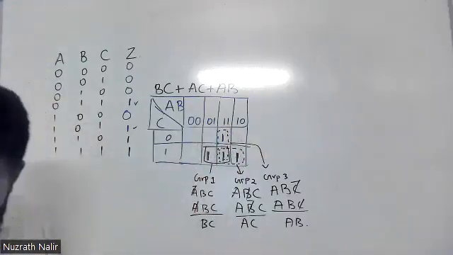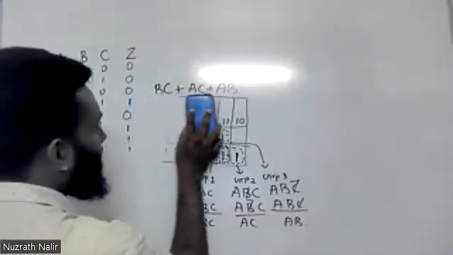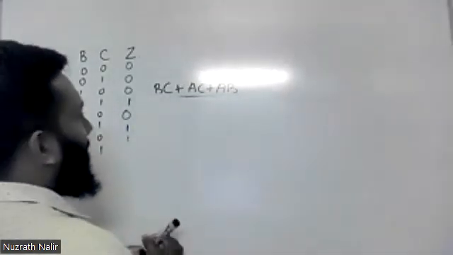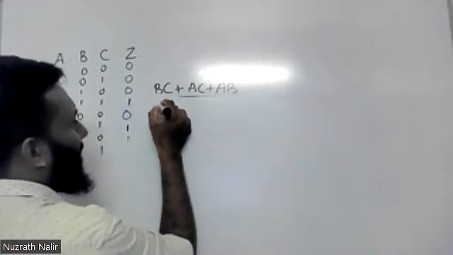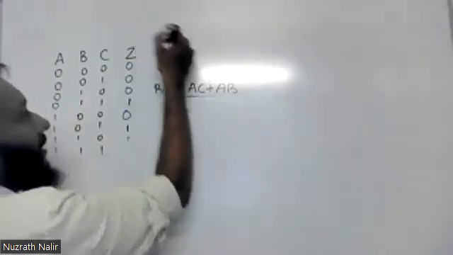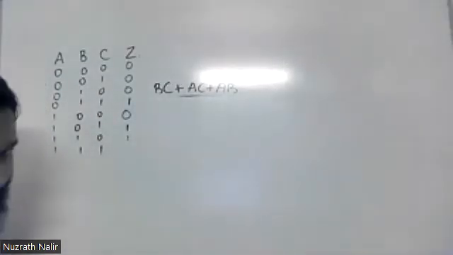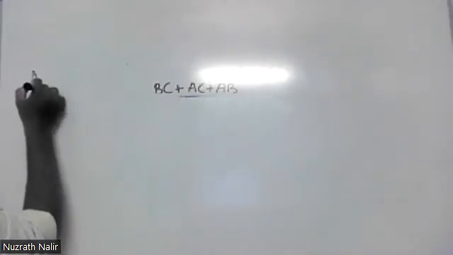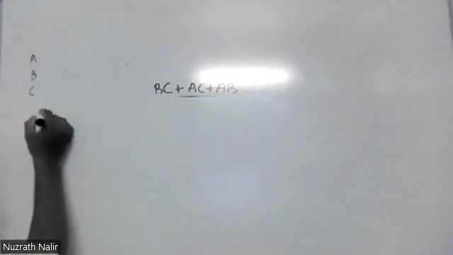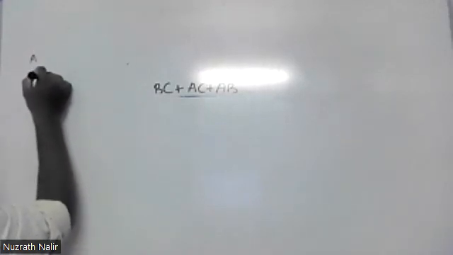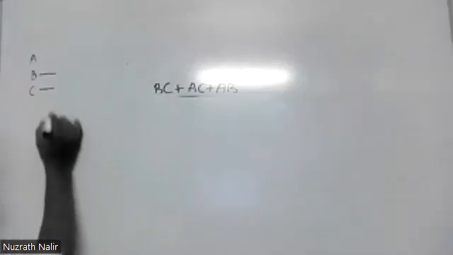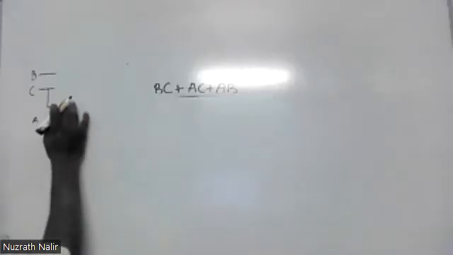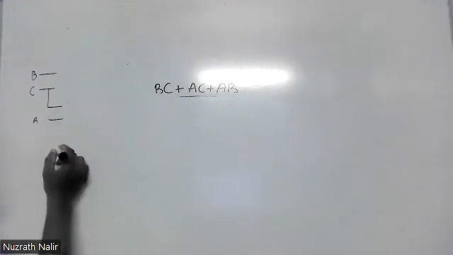Fine. Let's draw the NAND diagram. First I'll just draw the simple version. Here the BC: B, C, A. The first is BC, and the AC, and the AB.